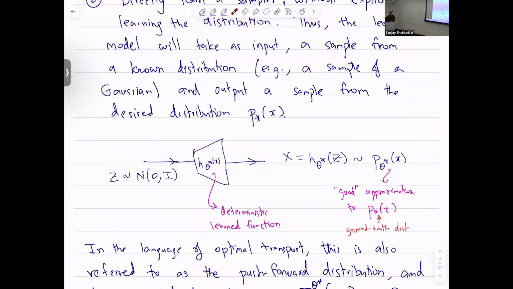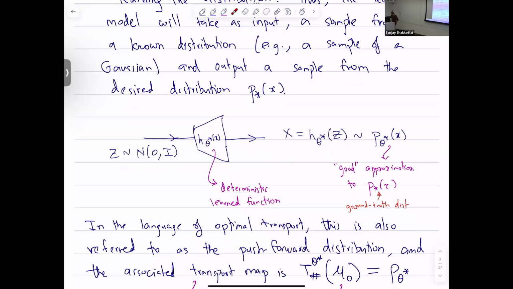In one sense, you can just think of this as a transformation. I have Z, which is a sample from some distribution which is easy to sample. Typically, we'll take a Gaussian, and some function h, parameterized by theta star, and the output is simply h theta star of Z. This is one way of thinking.